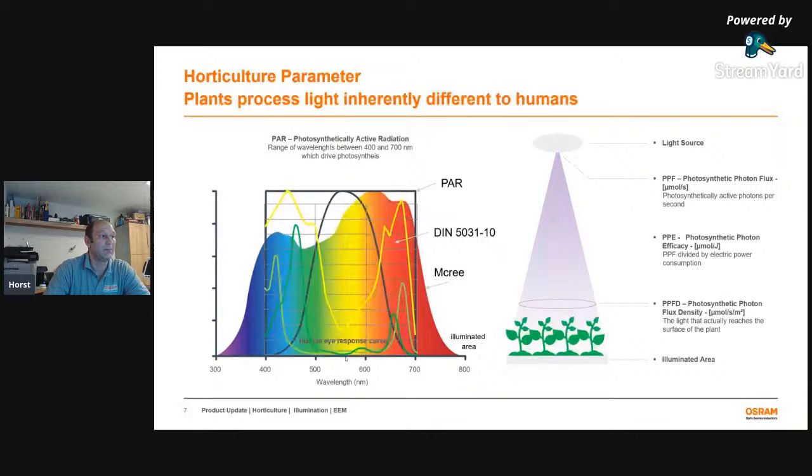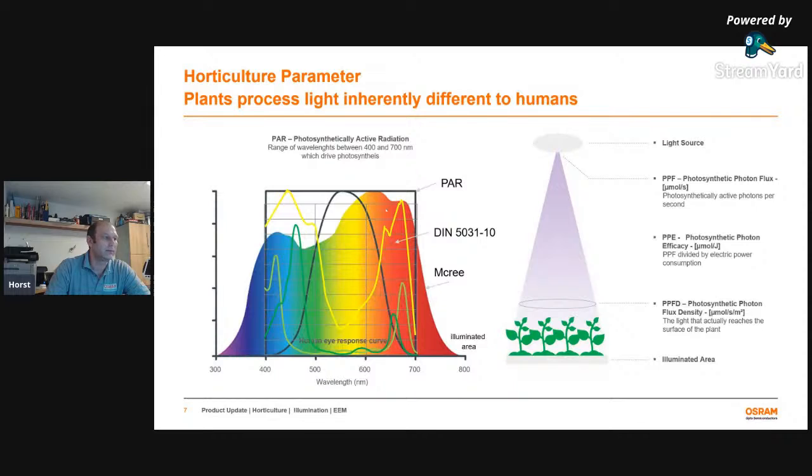It's almost nothing, but the PAR curve will value it. So it's always important to understand the parameters on the right side to handle them, but we also always need the information of the spectrum and of the spectral composition to be able to judge these effects very well.